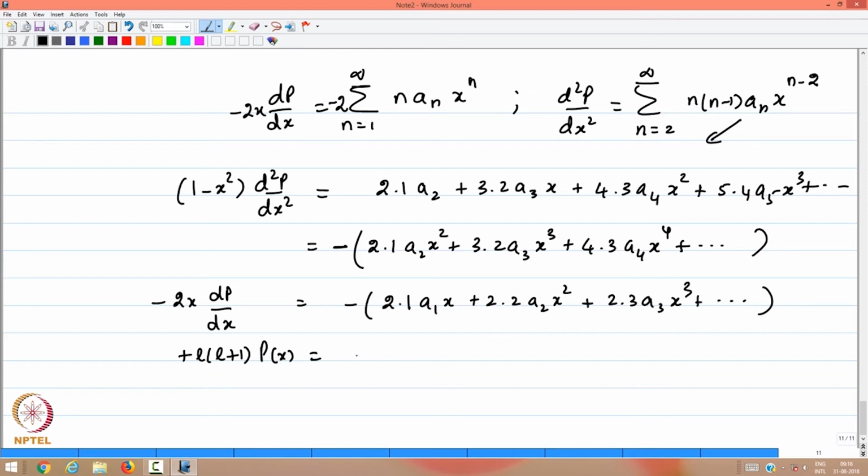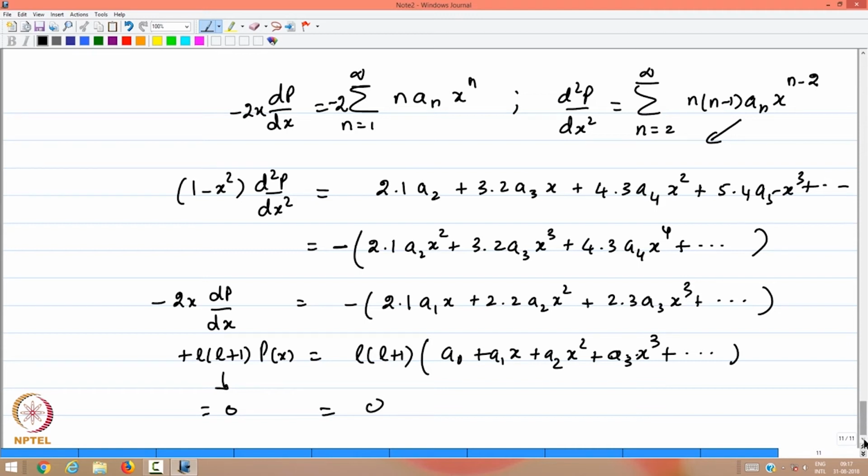So, you will have L into L plus 1 times a naught plus a1 x plus a2 x square plus maybe one more term a3 x cube plus so on. All of this added together gives you 0. Okay. Therefore, the usual practice that we have followed is that the coefficients of individual powers of x, each one of the set of coefficients, goes to 0.